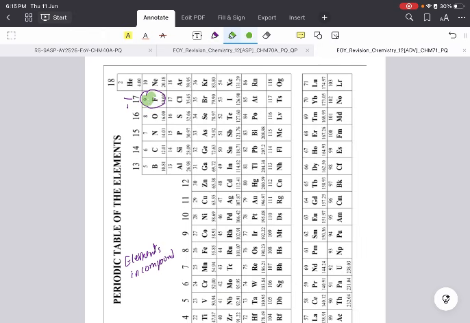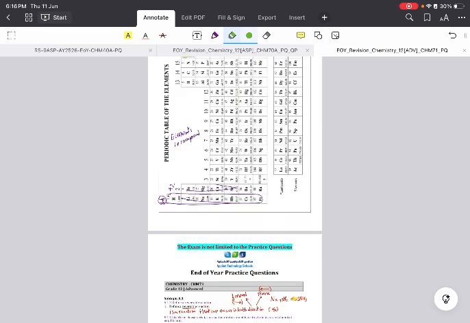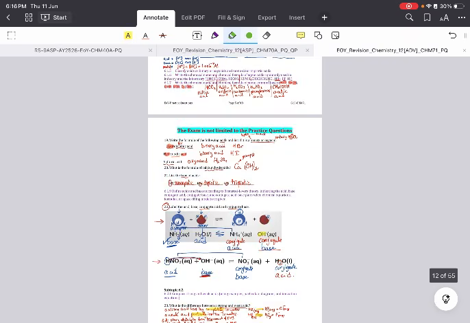It's always going to be -1, whatever the compound is. O is always going to be -2, whatever the compound is. Now the rest might change depending whether it's the element to the right or not. Now, let's start.